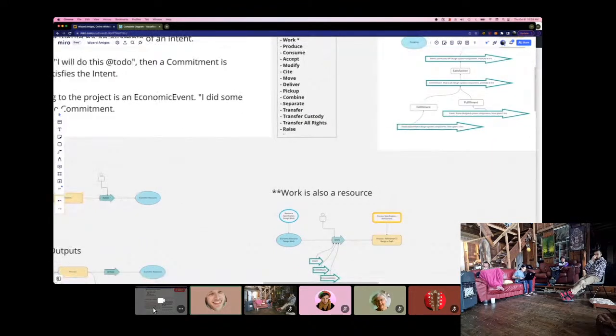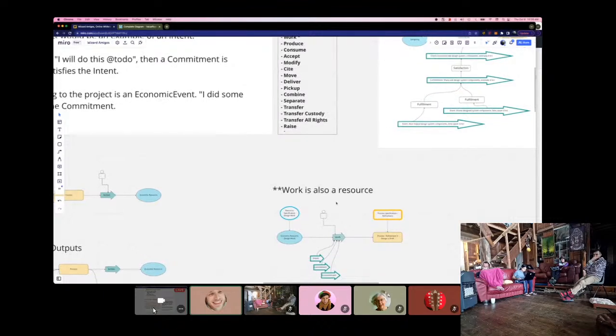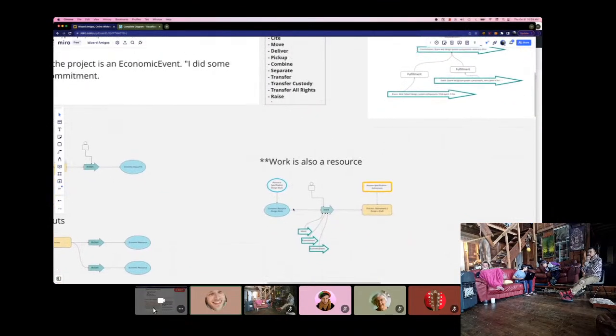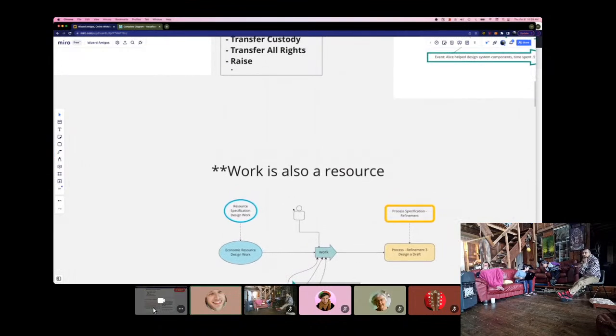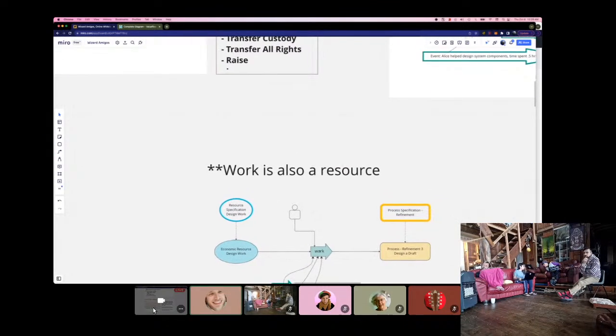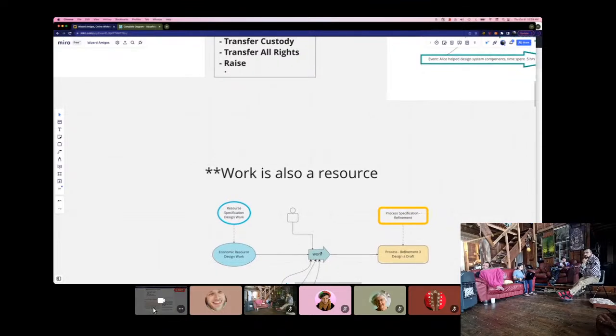Because human labor is something that can be quantified and tracked, and usually it's quite desirable to track that. So work is a resource and work is an action. In that case, you kind of have to pair any work resource with a work action.